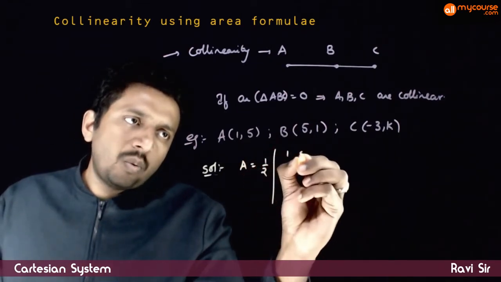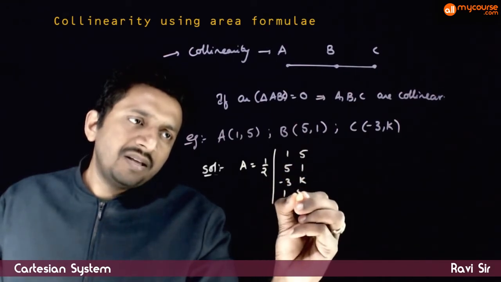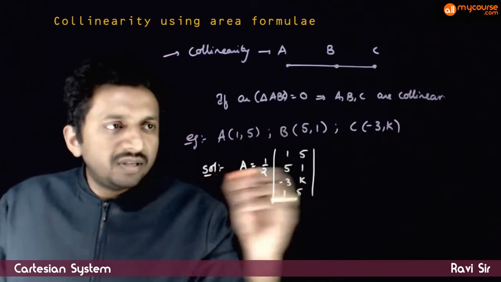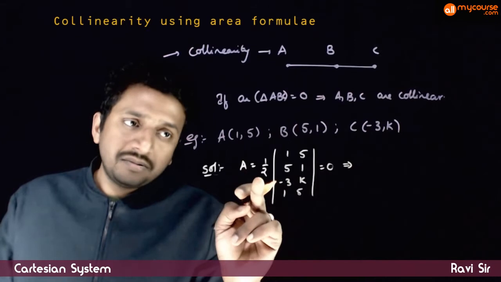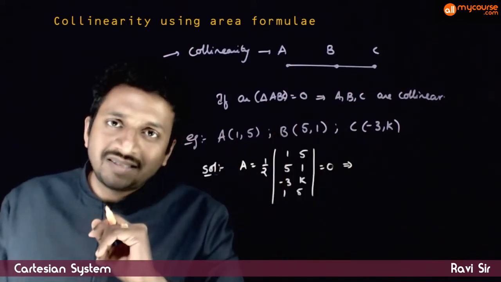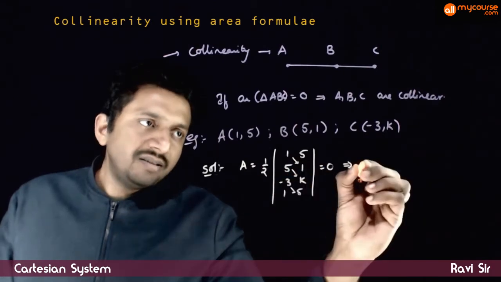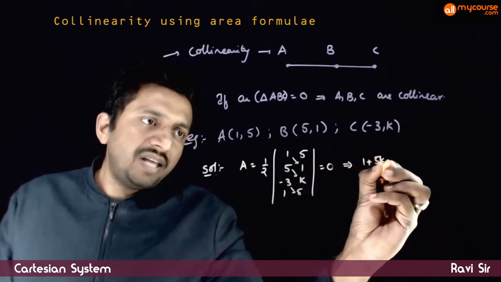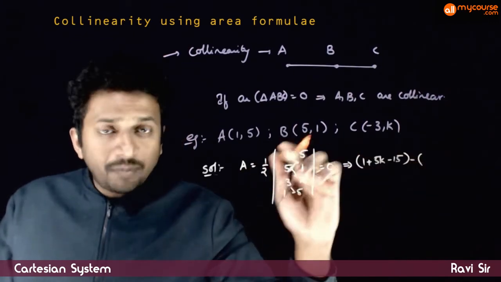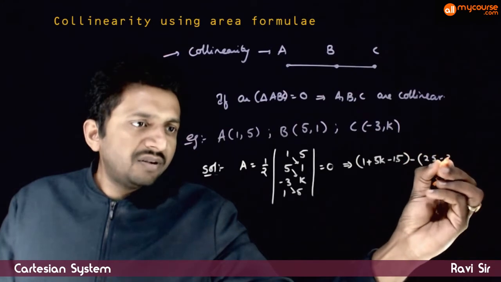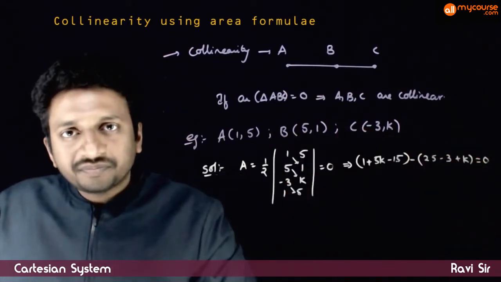So what is the area of triangle ABC? Half times 1, 5, 5, 1, minus 3, K, completed by 1, 5. So this has to be equal to 0. This implies, so this half goes onto that side, it gets cancelled. So the downward arrows have to be added, right? So 1 plus 5K minus 15 minus of, the upward arrows, 25 minus 3 plus K, is equal to 0.